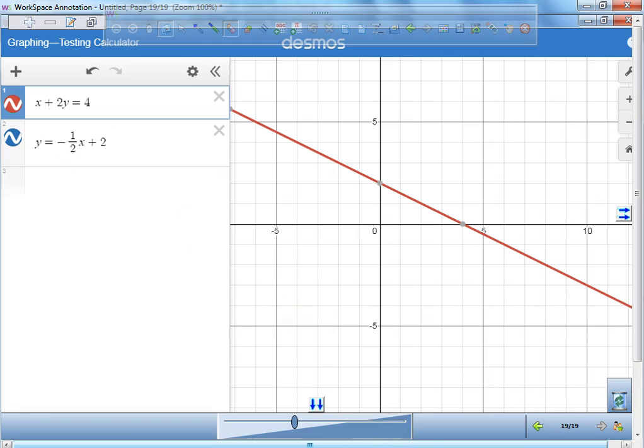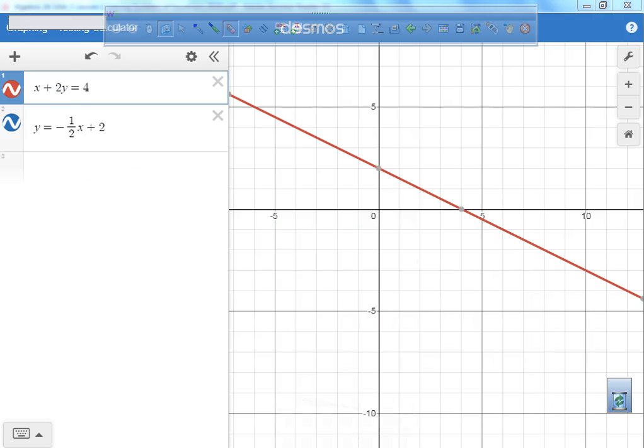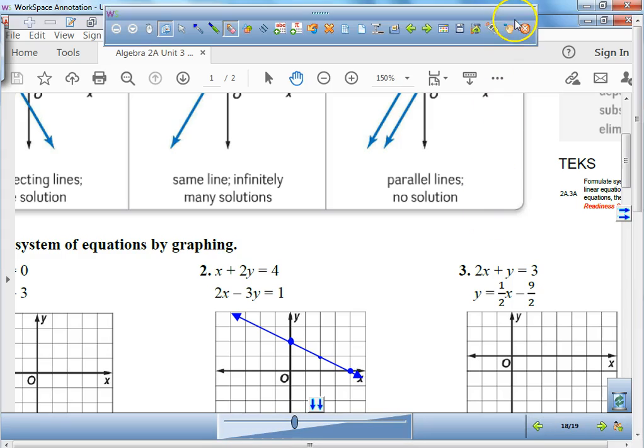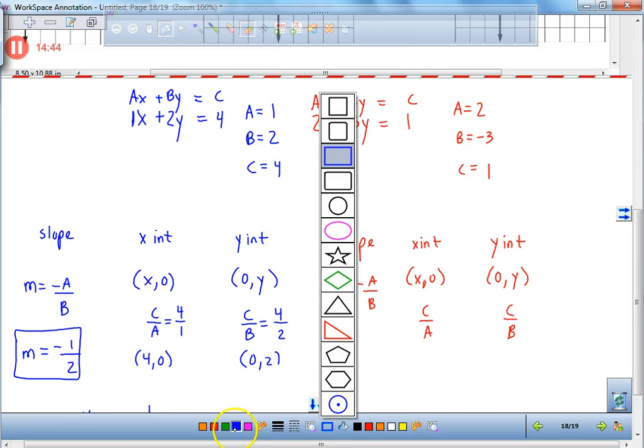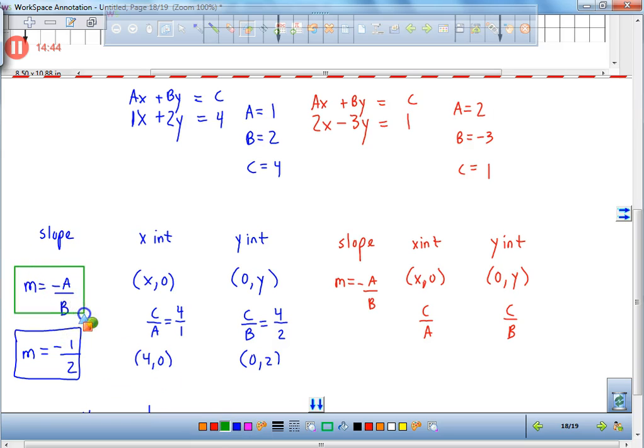All right? What does it mean for your formulas? Very easy formulas, right? Will these formulas ever change that I gave you right here? So if you're wondering what formulas I'm talking about, I'll go ahead and put a green box. These are the green boxes that you need to know. That's your box for your slope. This is the box for your x-intercept. This is the box for your y-intercept.